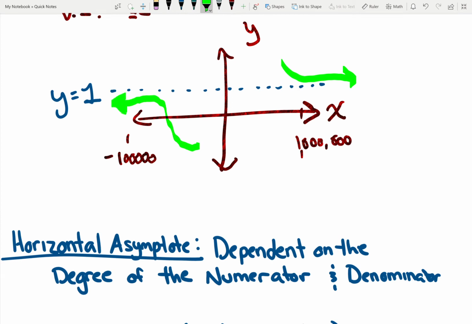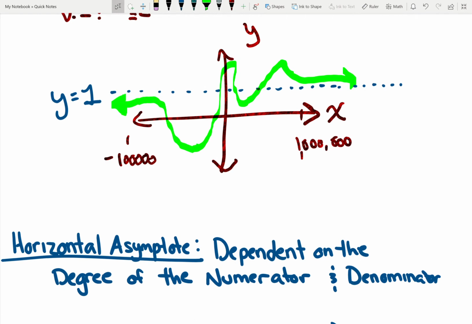But it is okay for our graph to cross this horizontal asymptote towards smaller numbers, such as maybe -1, 0, something like this can occur. But notice, as we get larger and larger numbers that get close to infinity, our graph will not cross this dotted line. Also, as we choose numbers smaller and smaller close to negative infinity, our graph will come close to this dotted line, but will not touch that dotted line.